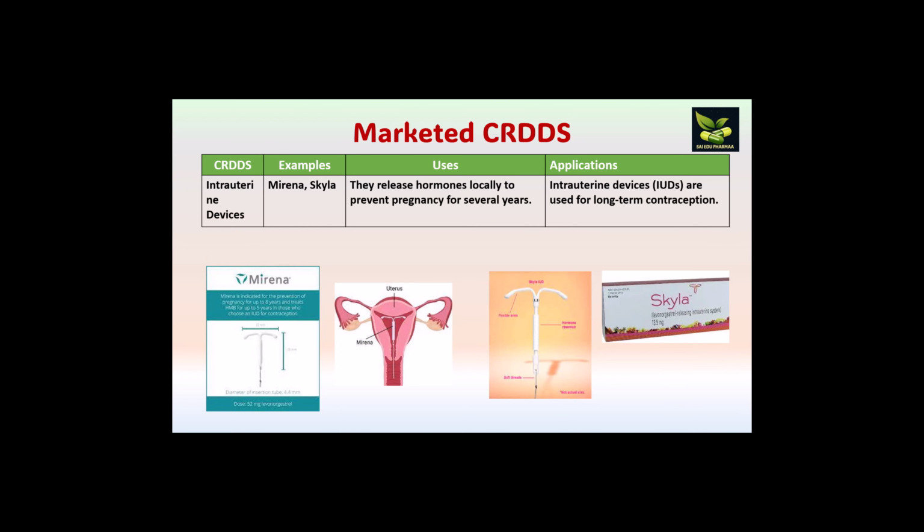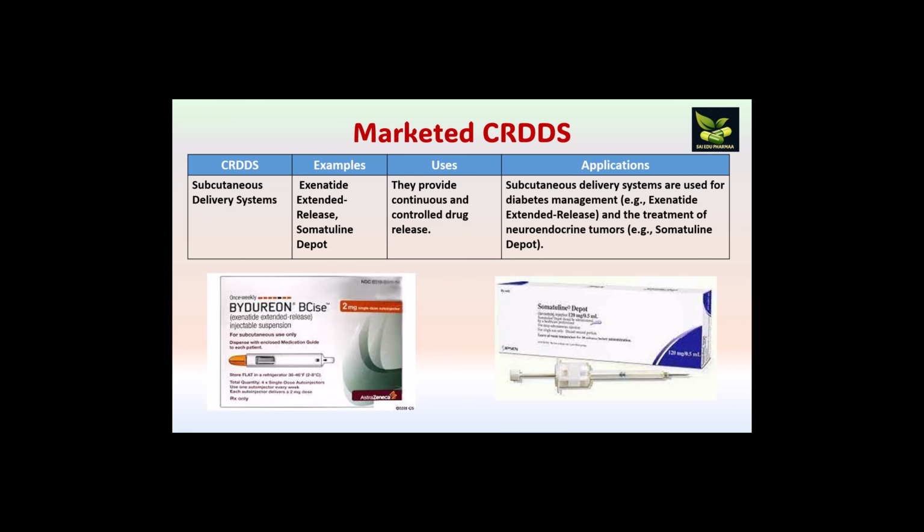Next are intrauterine devices. Example, Mirena and Skyla. They release hormones locally to prevent pregnancy for several years, and they are used for long-term contraception. Next is subcutaneous delivery systems. Example, Exenatide extended release, Somatuline Depot.